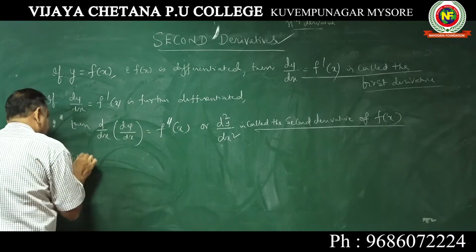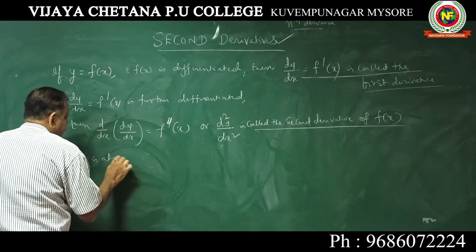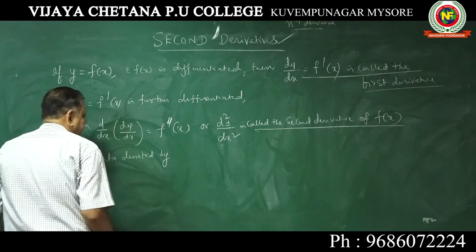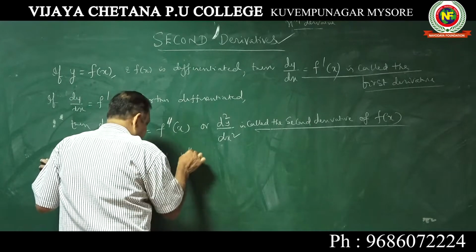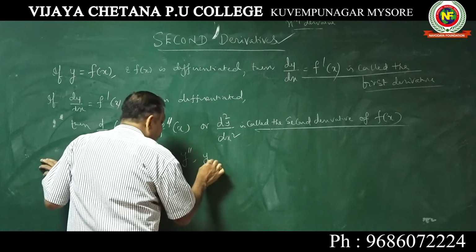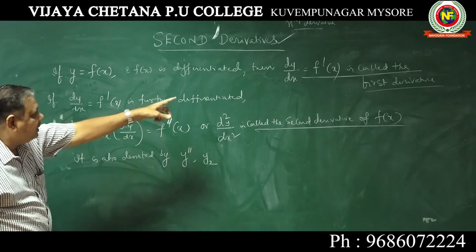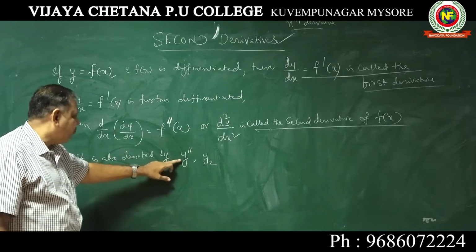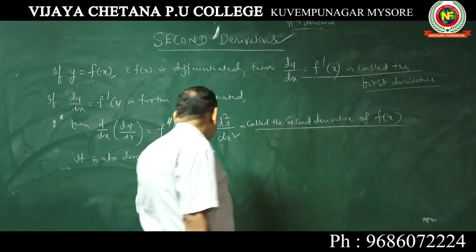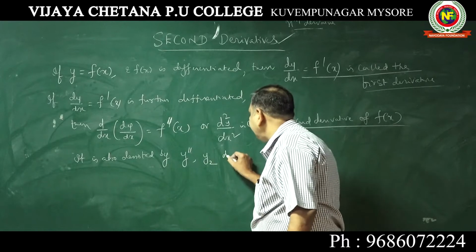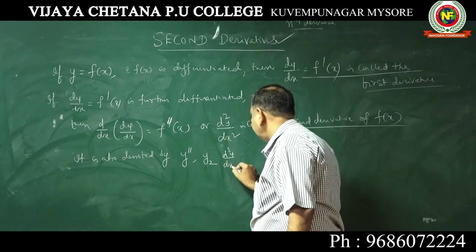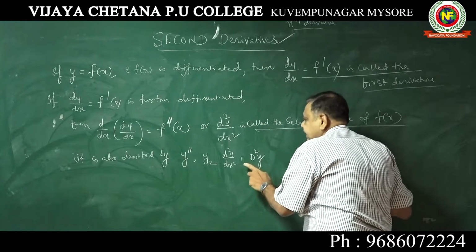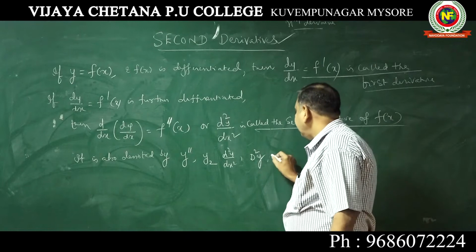It is also denoted by y double dash, or y2, and for the first derivative you can say y1. Or d square y over dx square, or d square y, or f double dash x.